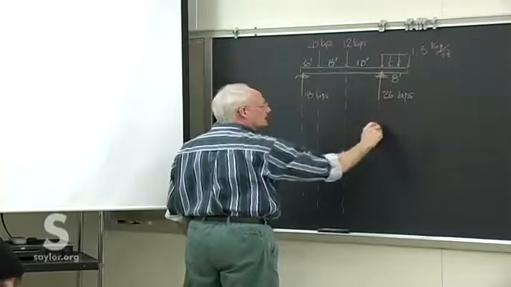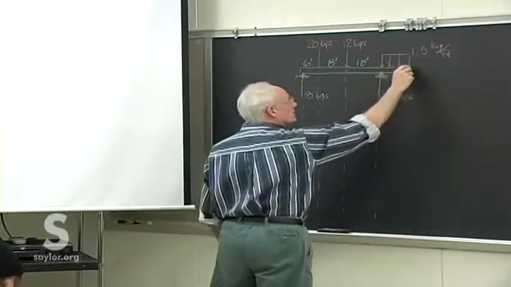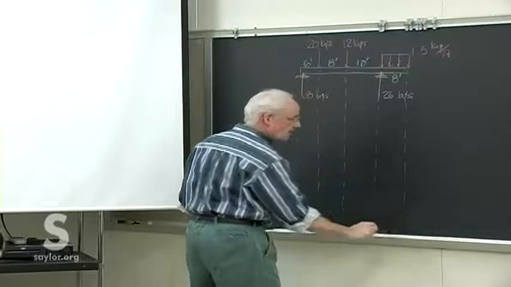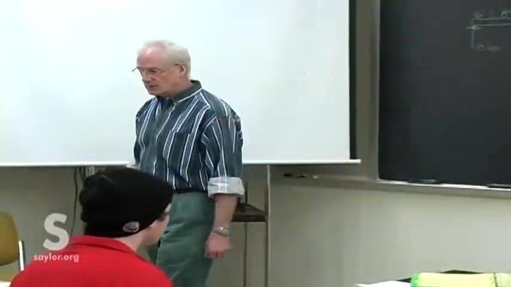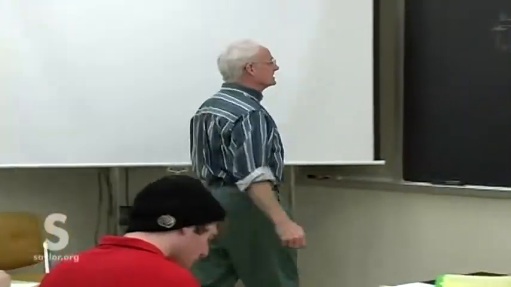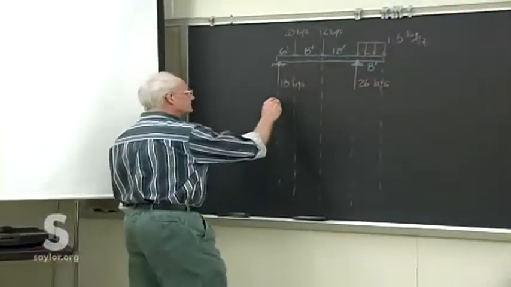And we're going to find that the shear moment diagrams, especially the moment diagram, gives us a very clear picture of what the beam itself is doing, as we'll see in a couple weeks.